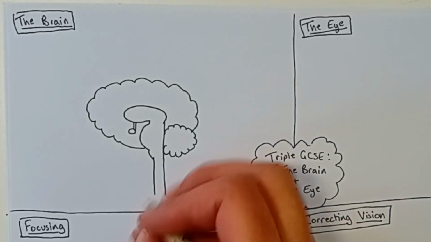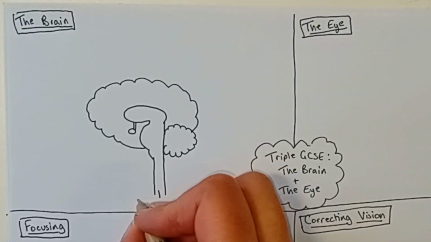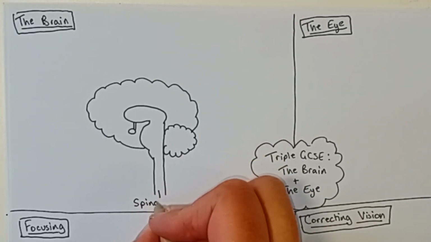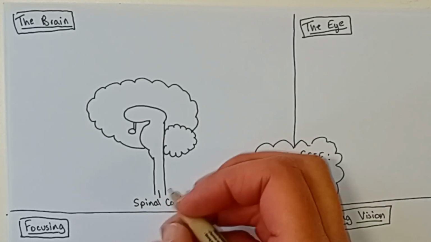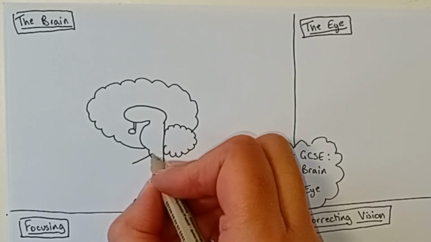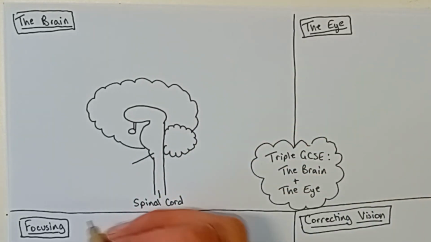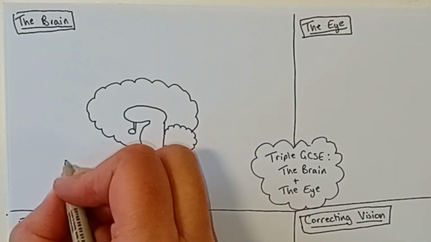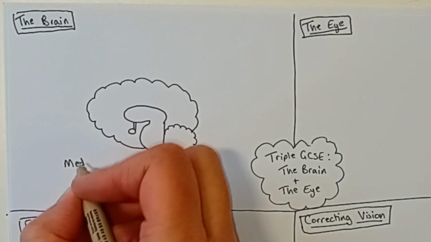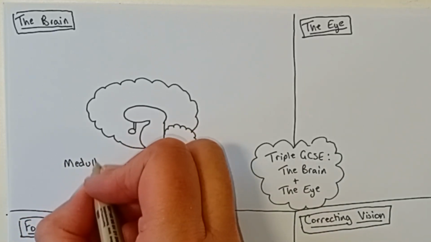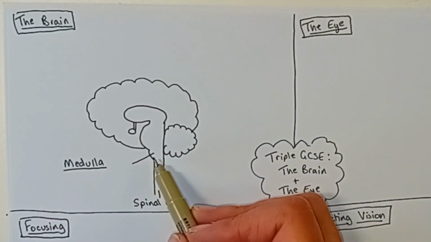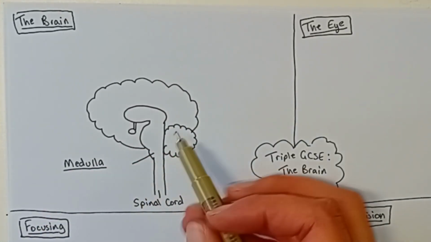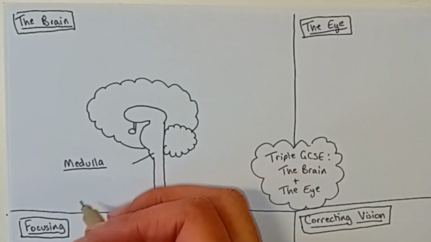All right, so let's get this labelled. This was the spinal cord. And at the top of the spinal cord is called the brainstem, and the area of the brainstem you need to know about at GCSE is called the medulla. So the slight bulge at the top of the brainstem, the medulla is located in this part here.